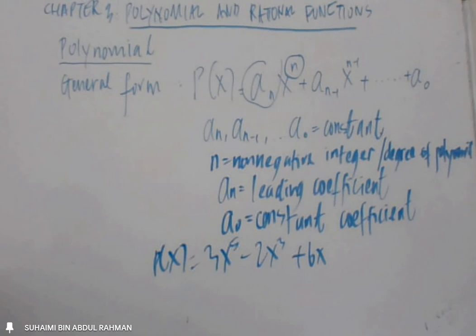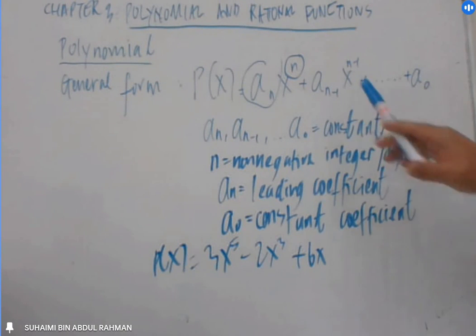Because it is not minus by 1. You can see that 5, the next one is 3, so it is not minus by 1. But this is the general form.